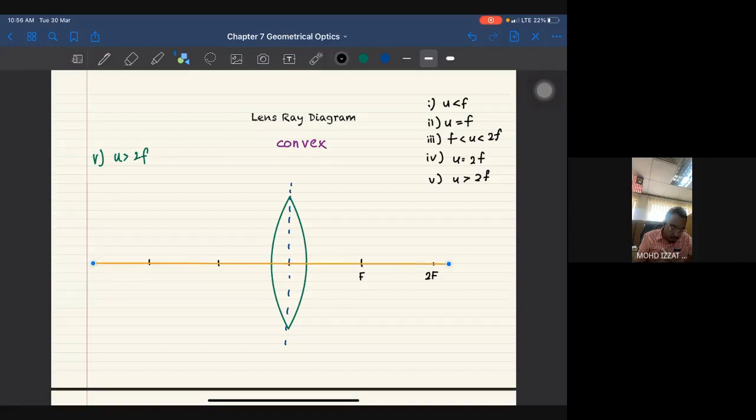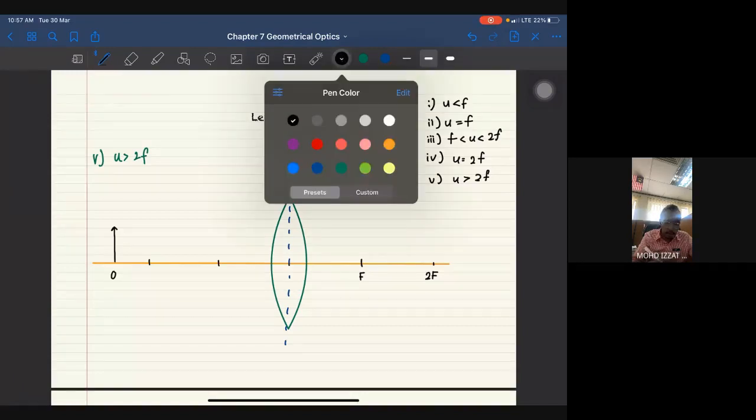So maybe I can draw my object to be over here. Jangan lebih daripada lens lah, ataupun kamu besarkan lens tu. Lens tu make sure tinggi sikit. Label with the O.